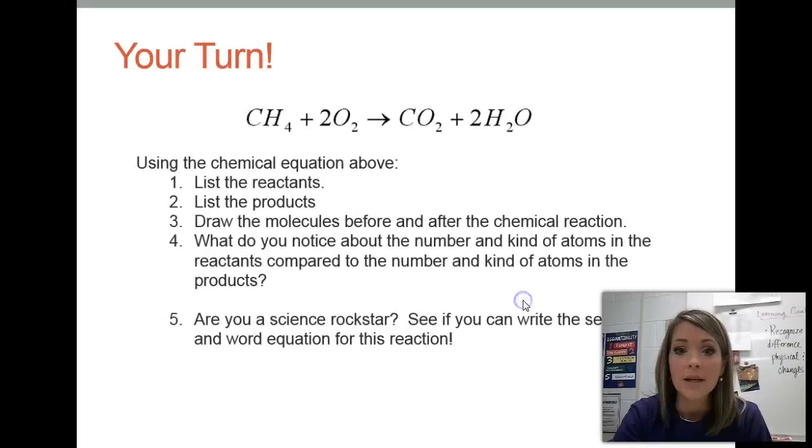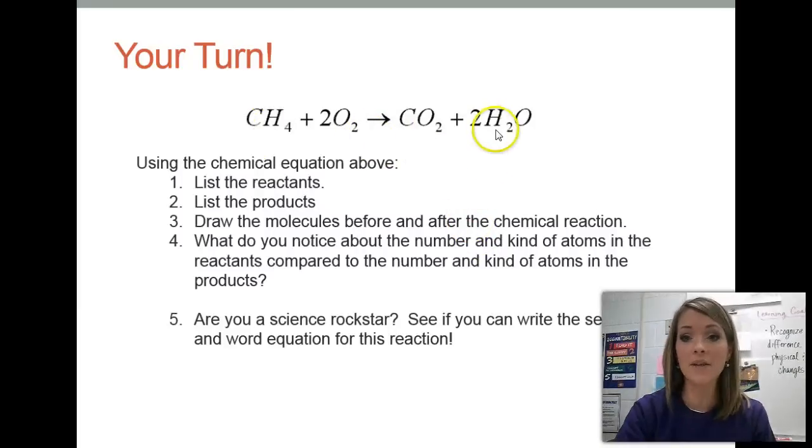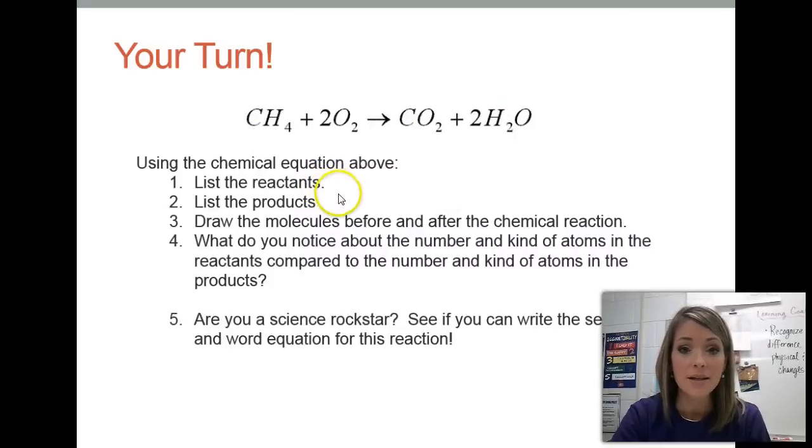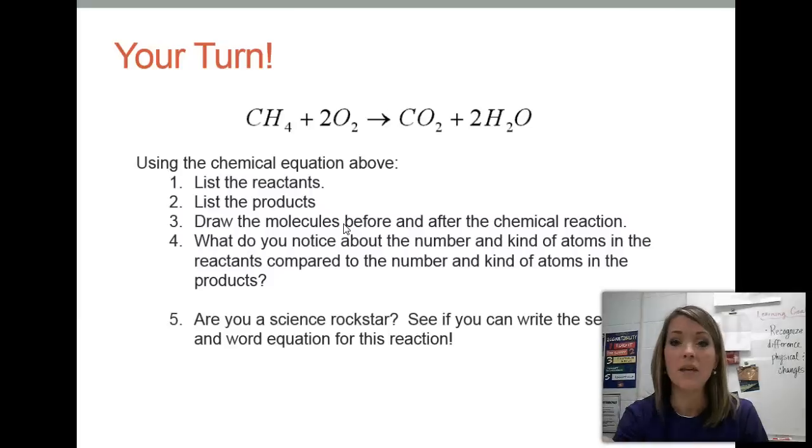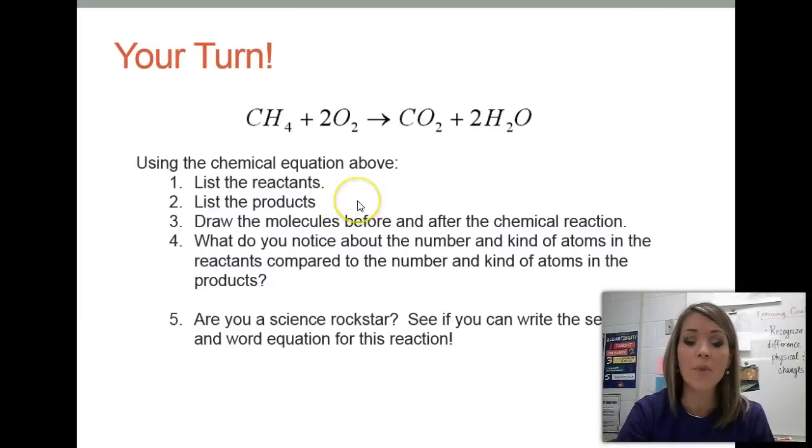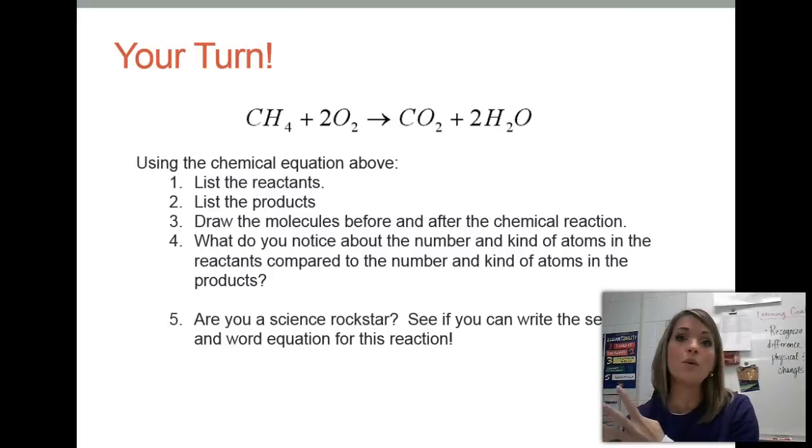All right. So now it's your turn. Go ahead and, using this chemical equation above in your notes, you're going to write down the chemical equation. I want you to list the reactants. I want you to list the products. And then I want you to draw the molecules before and after the chemical equation. So draw out the molecules, how they would be arranged to start with, and then draw the little arrow, and then draw what the molecules would look like after the chemical reaction.